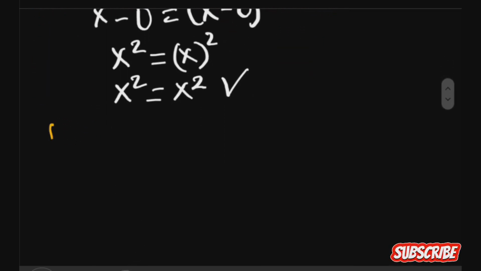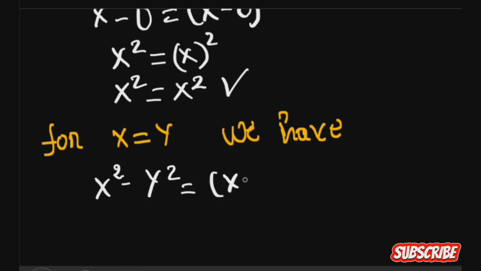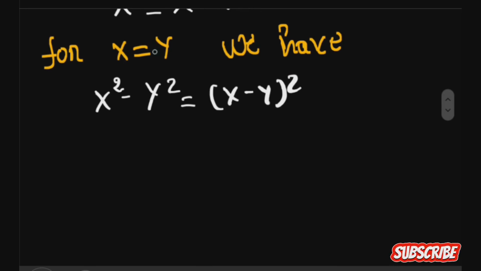Now we're going to take the second solution. Now we have for x equals y, we have here x squared minus y squared is equal to (x minus y) squared. Okay, now we're going to replace x by y.